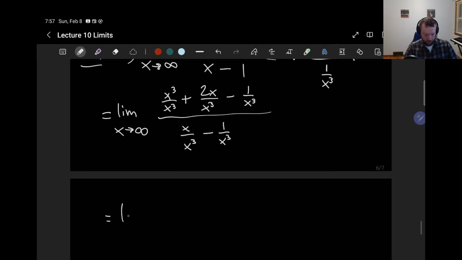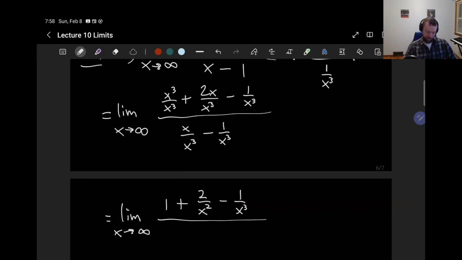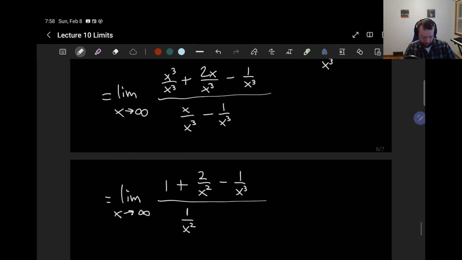And now you'll get a lot of canceling. X cubed over x cubed becomes 1. We have some x's canceling, 2 over x squared. And then this remains the same, 1 over x cubed. We have a 1 over x squared that reduces, minus 1 over x cubed.